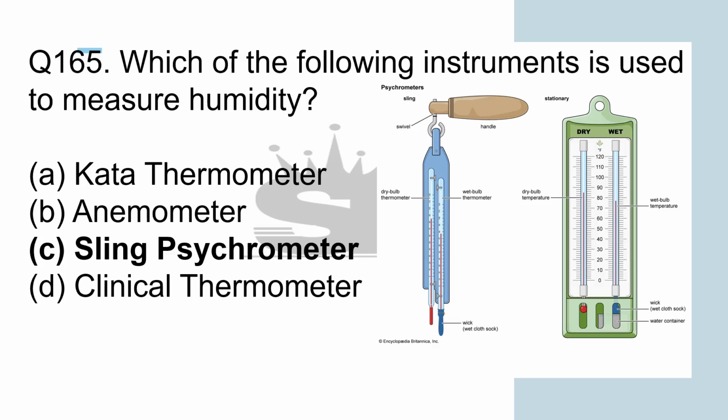Air is passed over both thermometers, either by a fan or by swinging the instrument, as in a sling psychrometer. A psychrometric chart can be used to calculate the humidity by using the dry and wet bulb temperatures.